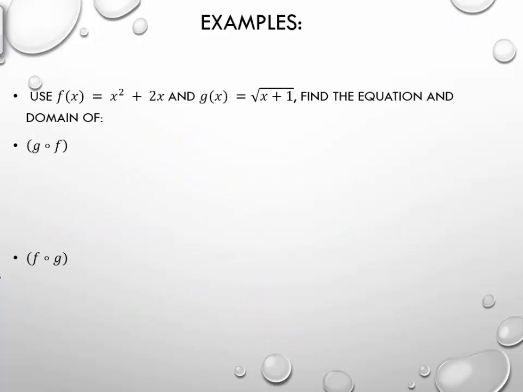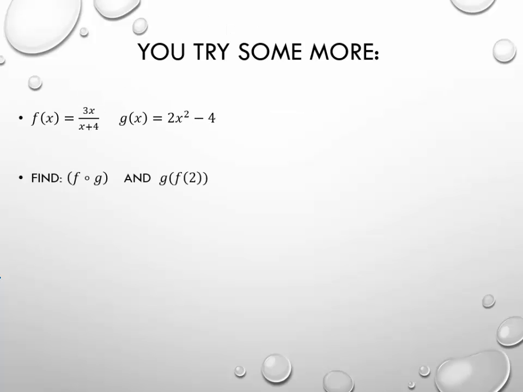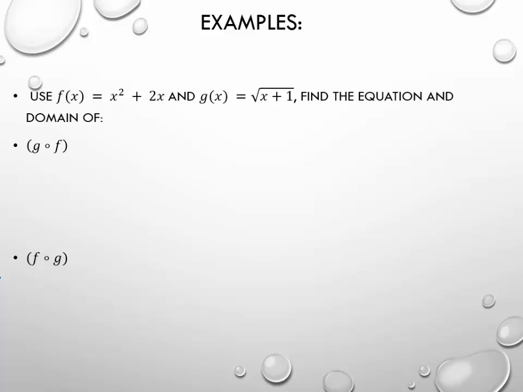Let's move on. Do it on your own. Oh no, that's not the one you do on your own. This one is. Okay, so I'll do this one with you. Here we go. It's always nice to write it out. I like to do that every single time. It makes sense.